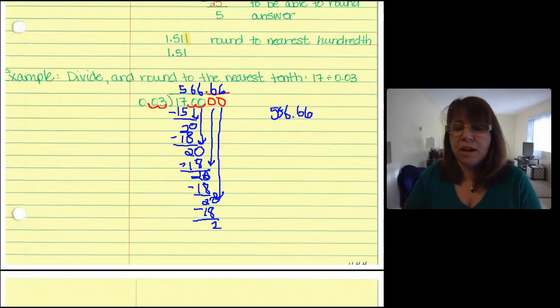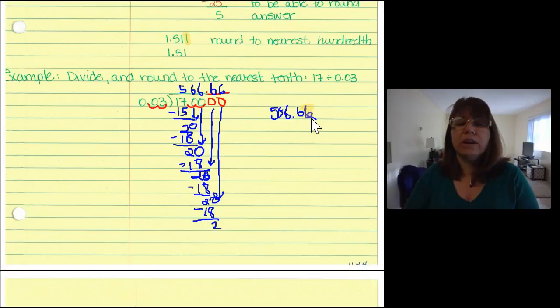566.66. All right, we are going to look at the hundredths position and see if we need to round our tenths position up or down.